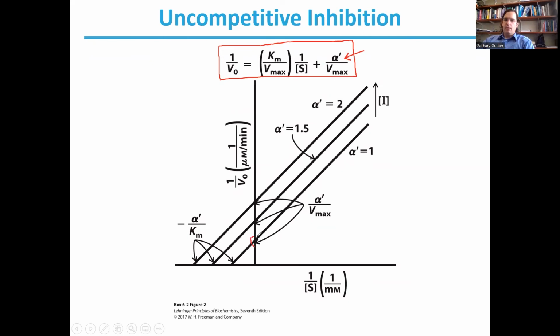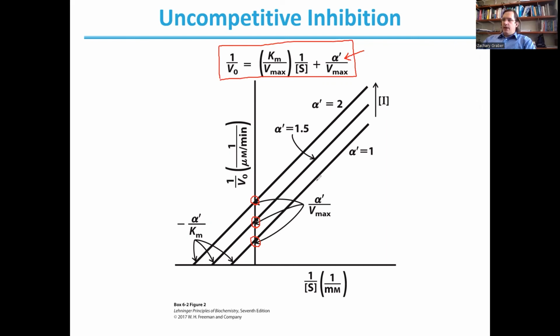Because alpha over Vmax is now changing as we change the inhibitor concentration. And so if we looked at each of these graphs, it would look like they each have a different Vmax. Again, of course, the true Vmax is not changing. It's just that the presence of inhibitor is temporarily altering that Vmax in the presence of our inhibitor.